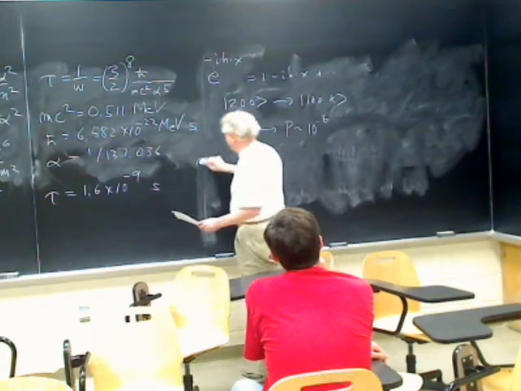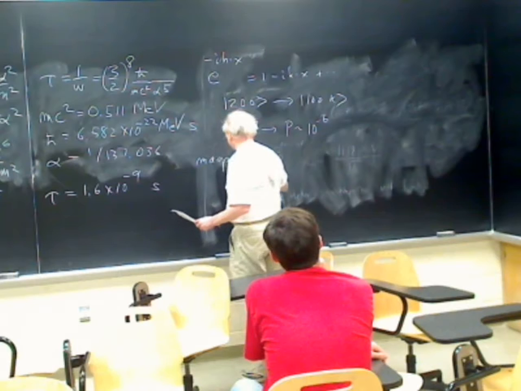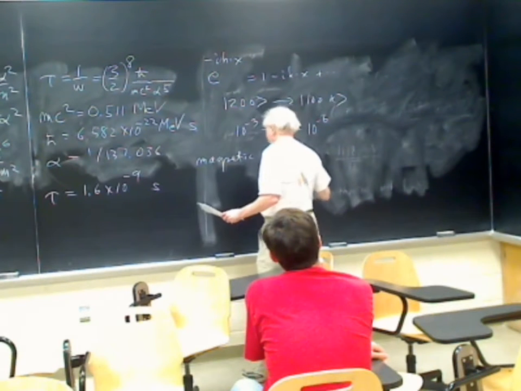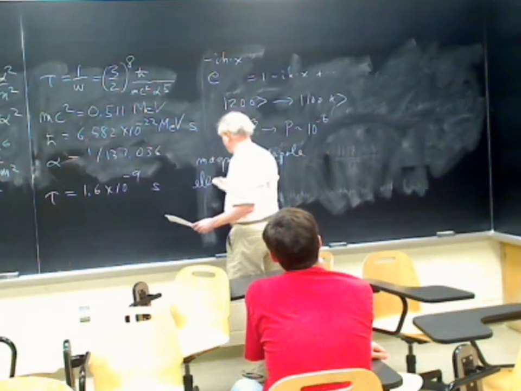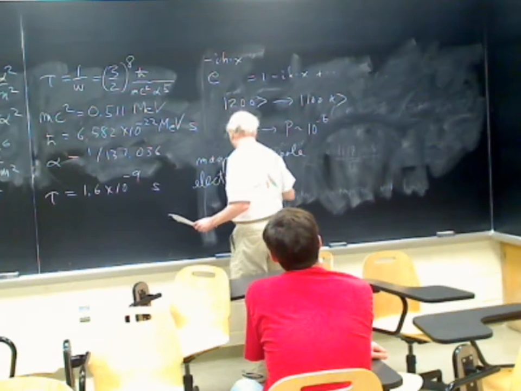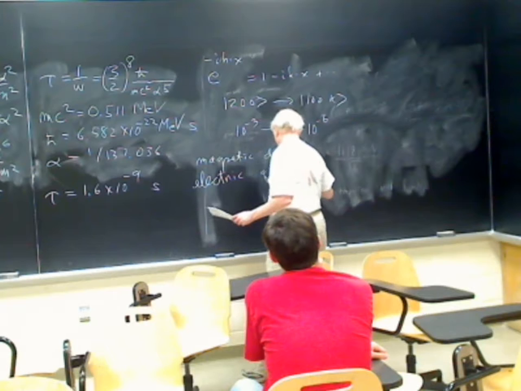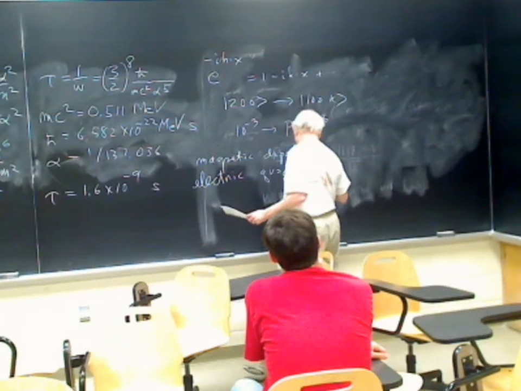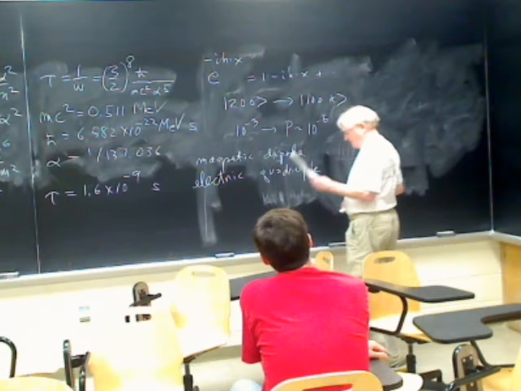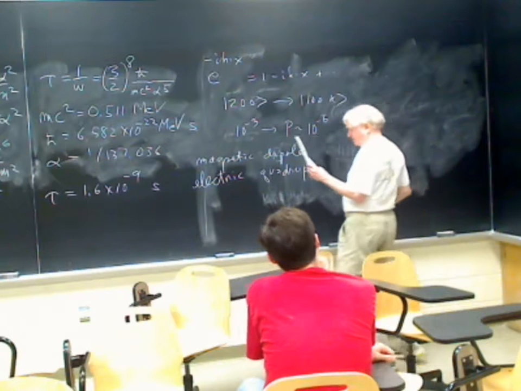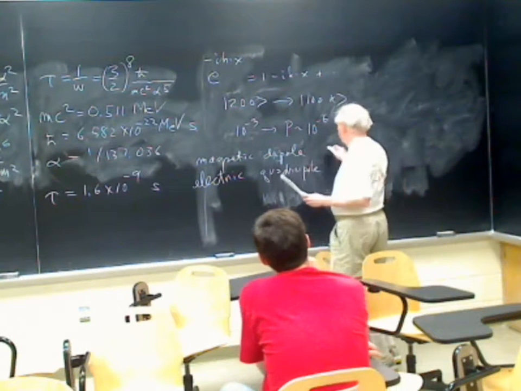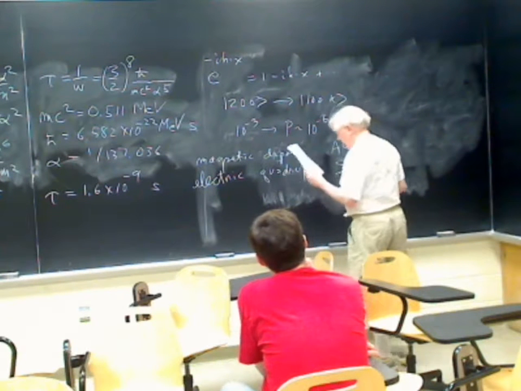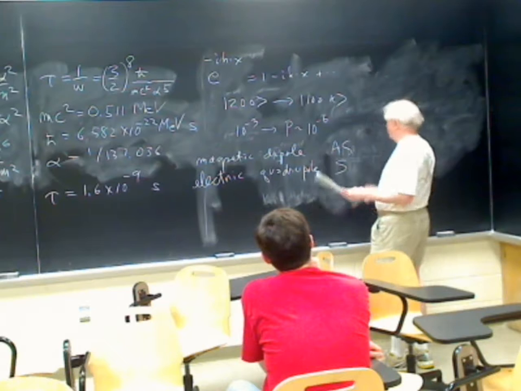One is magnetic dipole, and the other one is electric quadrupole. And this is according to whether you have the antisymmetric or the symmetric part of the matrix element.